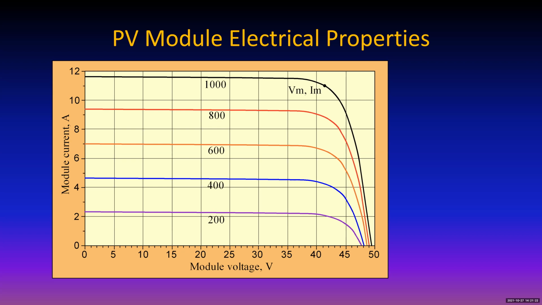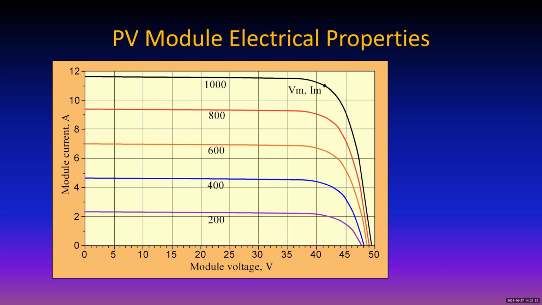The current flowing through that wire might be a couple thousand amps, depending on whether it's a battery or whatever. But with a photovoltaic module, and this particular one, which happens to be a modern 440 watt module, if you short these wires out when the sun is shining at full intensity, you're going to get about 11.6 amperes. And that's it. That's your short circuit current.